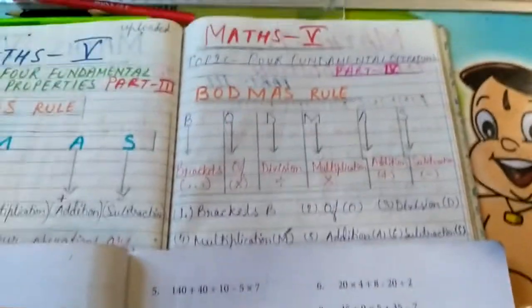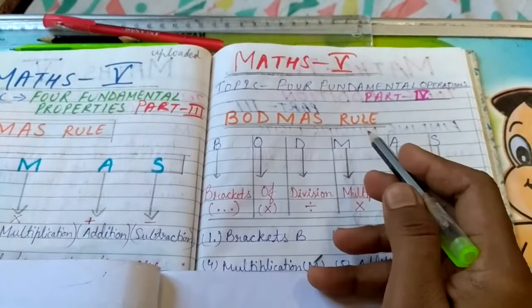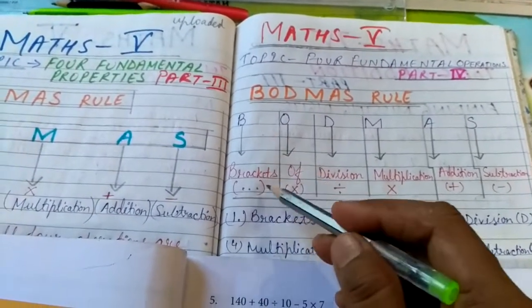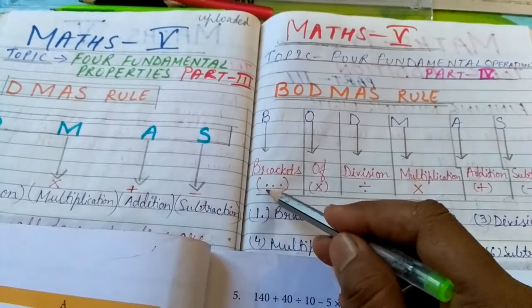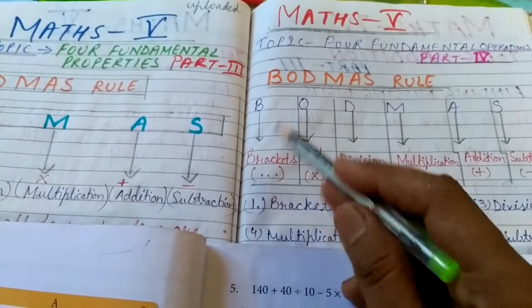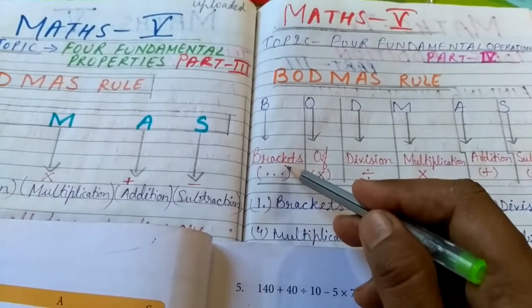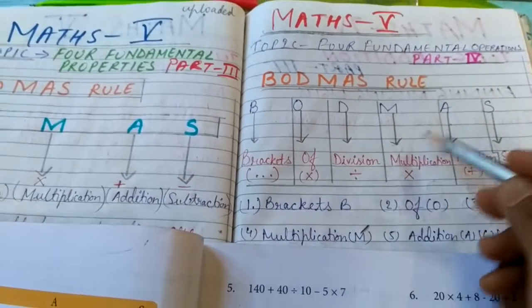First of all, I would like to tell you what these letters stand for. B stands for brackets. These are the brackets, and some numerals or digits are written inside these brackets. O stands for of.